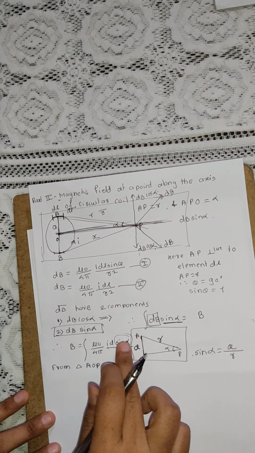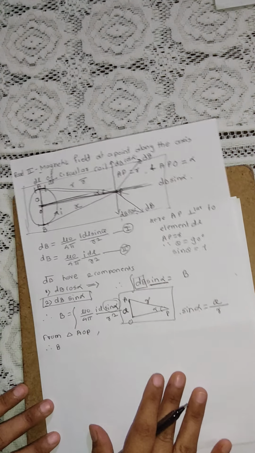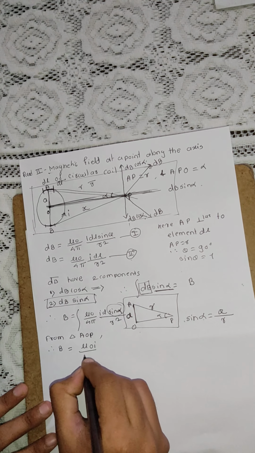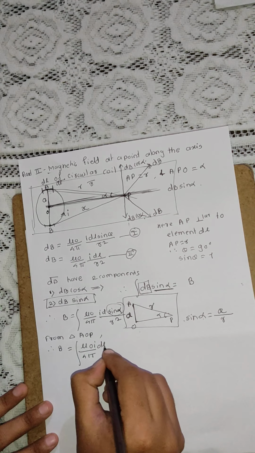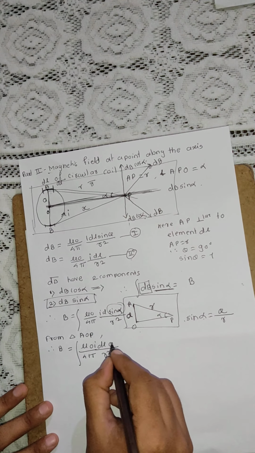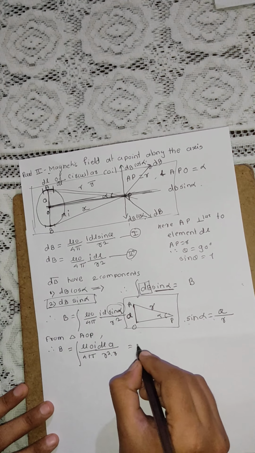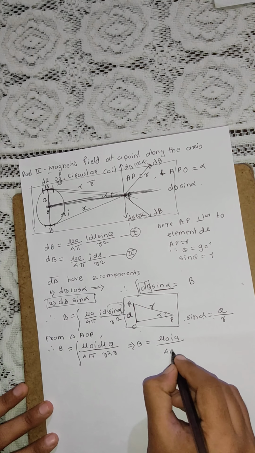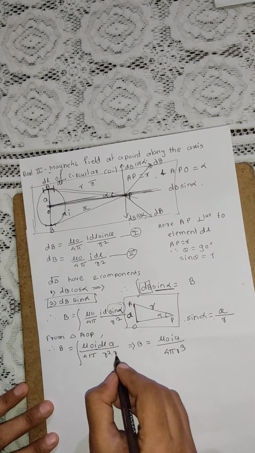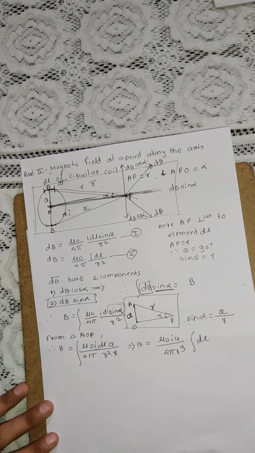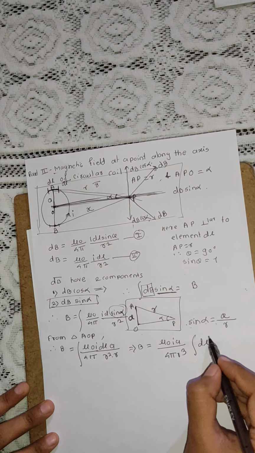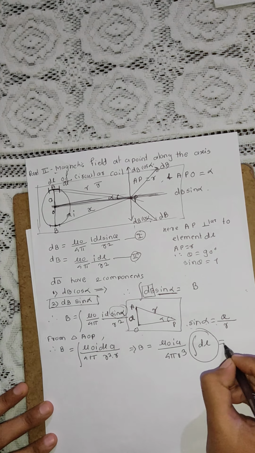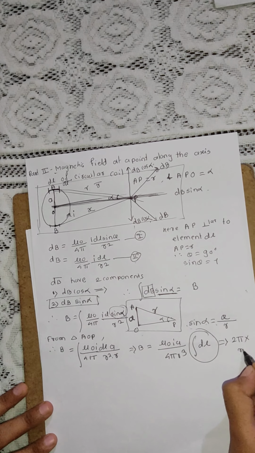Substitute the value of sin alpha. Then we get B is equal to mu naught I upon 4 pi, integration of dl a upon r square into r, a by r being the value of sin alpha. Taking constants outside, B is equal to mu naught I a upon 4 pi r cube, integration of dl. In part first, we saw that integration of dl is the circumference of circle, which is given by 2 pi into radius.